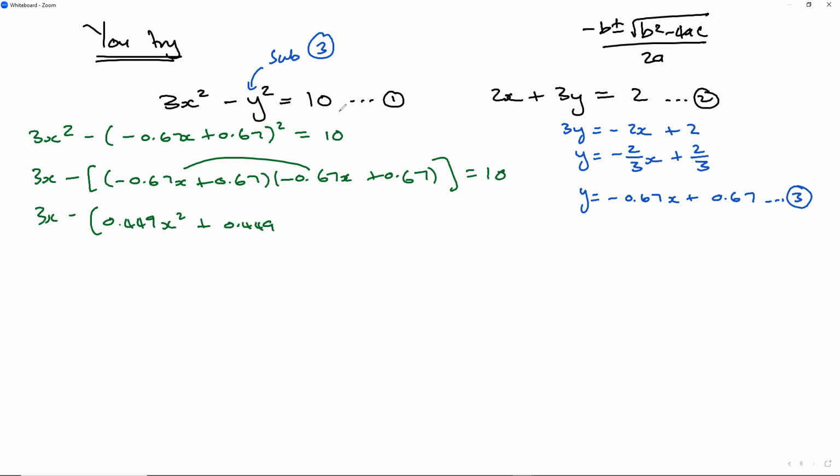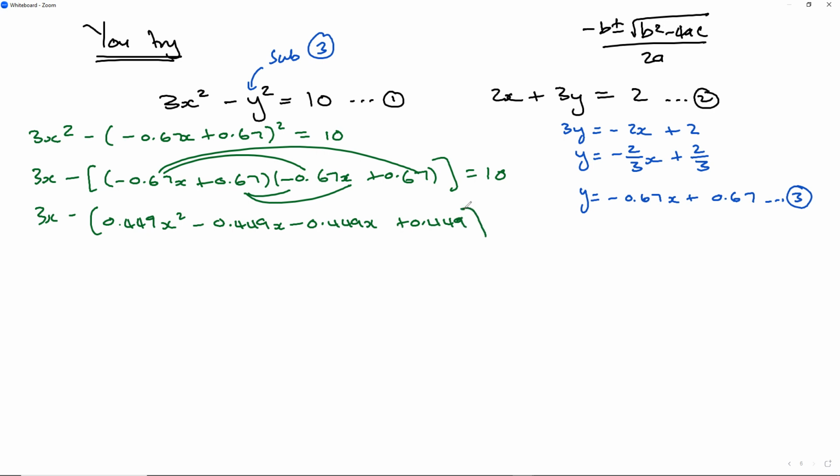So that first part, remember, was positive, but the next part is actually negative. Okay, so that's positive. Negative times a negative is a positive. That one is negative. So negative 0.449x minus 0.449x plus 0.449 equals 10.